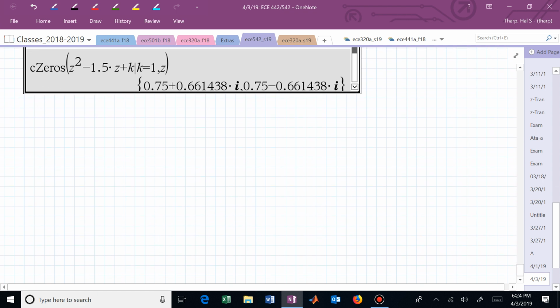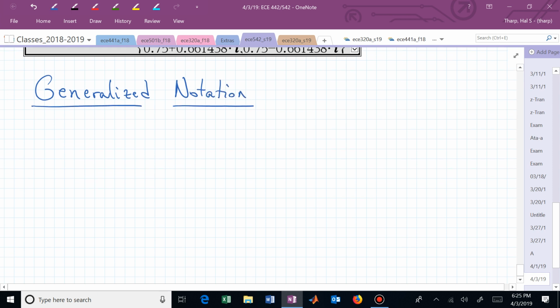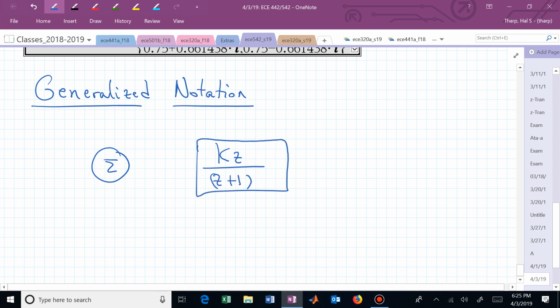Let's now look at a maybe more general case. Suppose we now look at the following. Let's say we have a controller that has a gain K, and for whatever reason, let's just assume that you're okay with this controller structure, and this is why I'm calling it generalized notation.